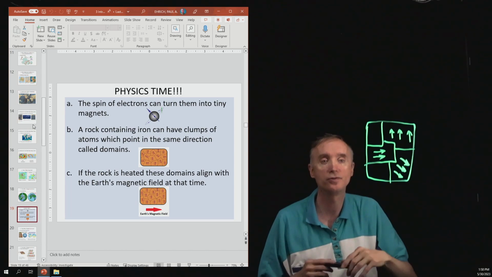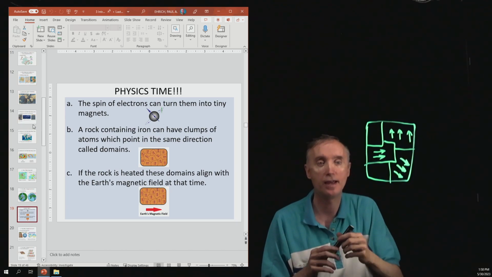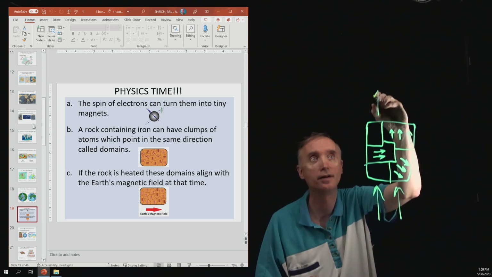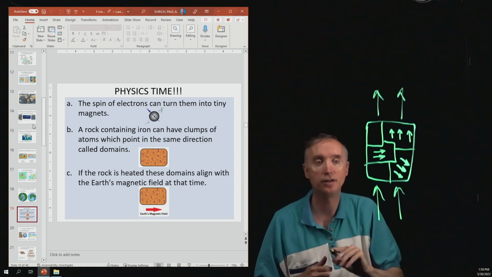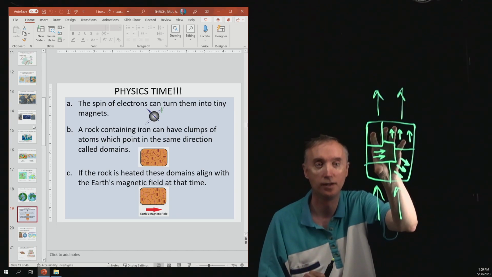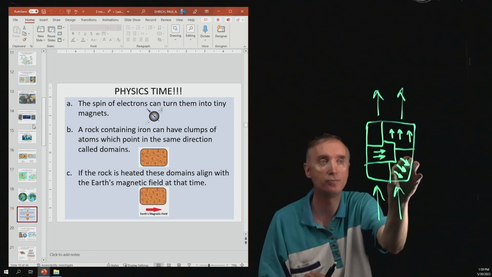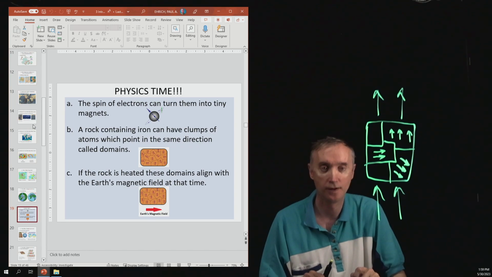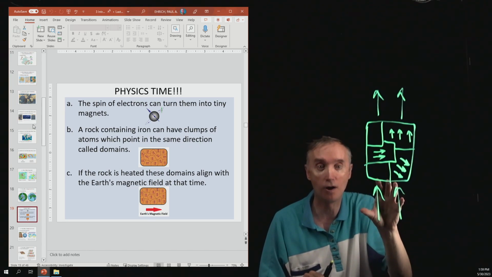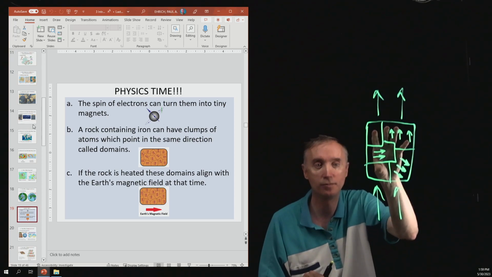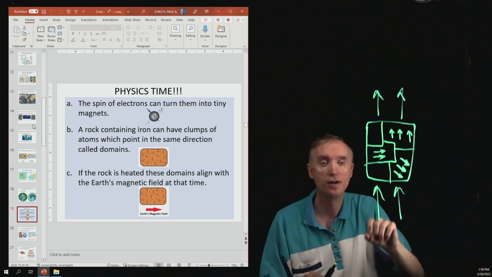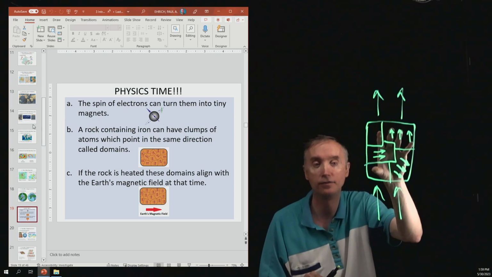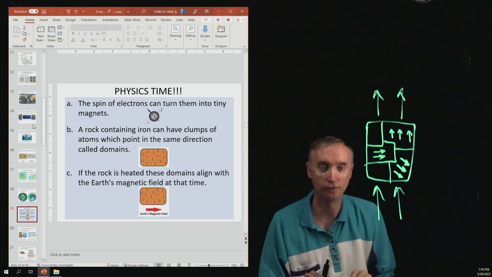However, if you were to take a paper clip and put it in an external magnetic field and then heat this piece of metal, then these little domains will orient themselves with the external magnetic field. Then if you let it cool off, it locks them into position. And so now this particular mineral or rock is going to have a residual magnetic field.